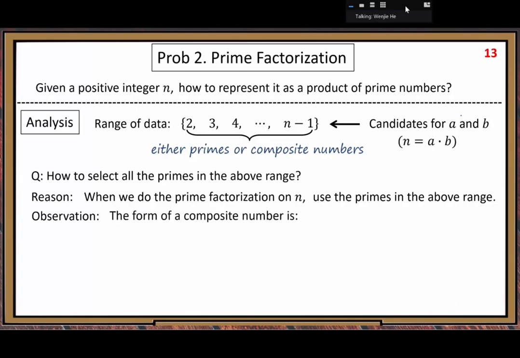Observation here: the form of a composite number. Here, we work directly on composite numbers. Another commonly used problem-solving method I want to explain.